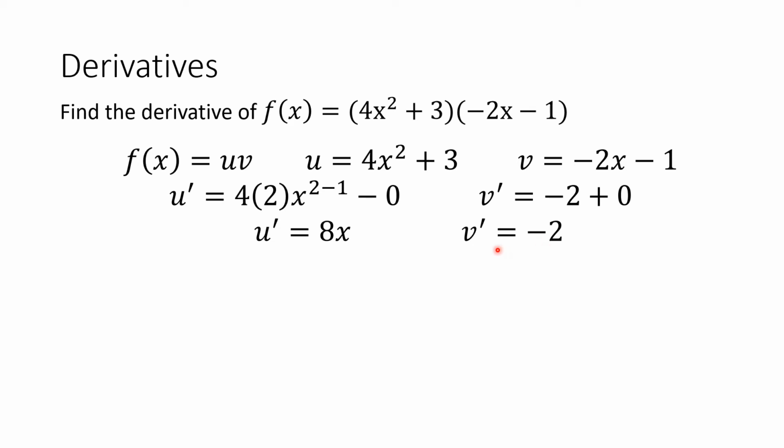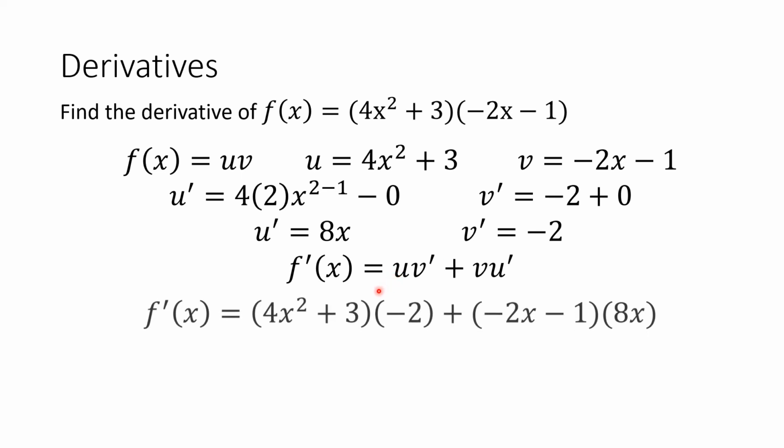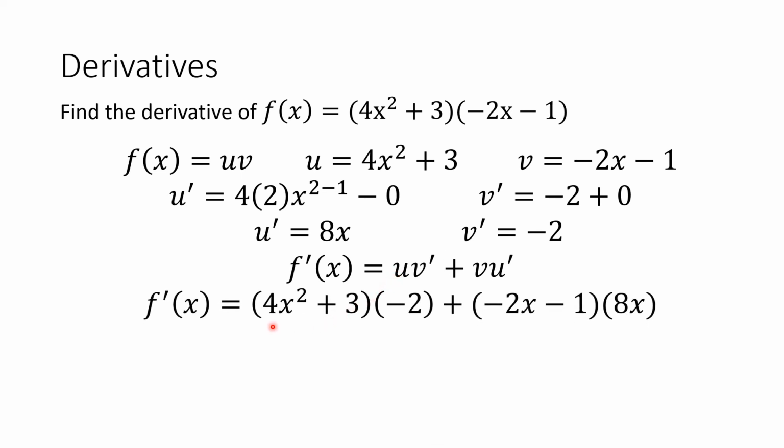So substituting the values of u, v, u prime, and v prime to the formula of our derivative of a product, we will now have the u, which is 4x squared plus 3 multiplied by negative 2, which is v prime, plus the v, which is negative 2x minus 1 multiplied by the u prime, 8x.